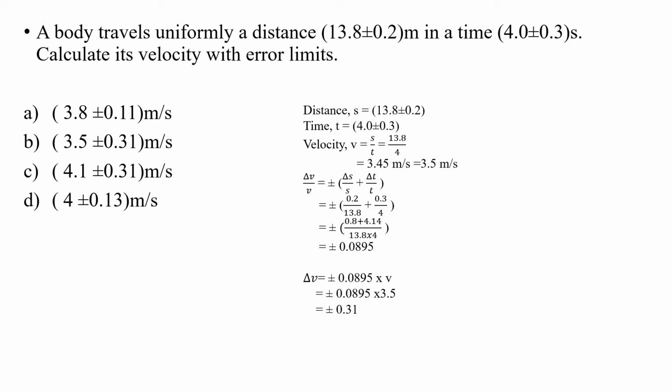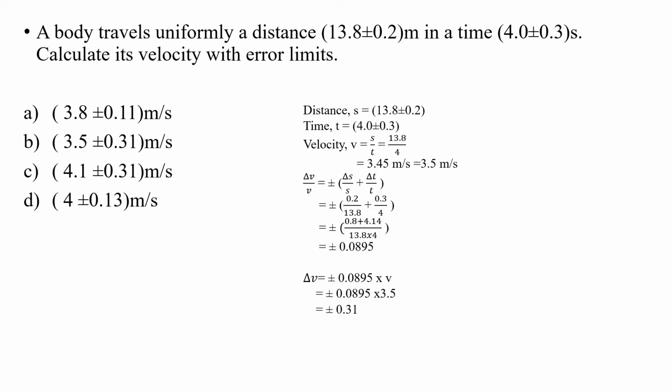So delta V by V will be equal to plus or minus delta S by S plus delta T by T. Substituting delta S as 0.2, delta T as 0.3, S as 13.8 and T as 4, you get the answer plus or minus 0.0895, which is equal to delta V by V. So you have to find out delta V. That will be equal to 0.0895 into velocity V. You have found the velocity V as 3.5 meter per second.